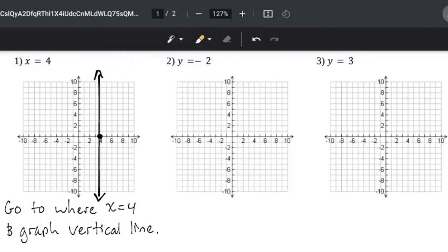Okay, let's take a look at the next example. This time, we're going to have a horizontal line because it's y equals, and we're going to go through the same process. Go to where y equals -2, and this is going to be on the y-axis. And this time, we're going to graph a horizontal line.